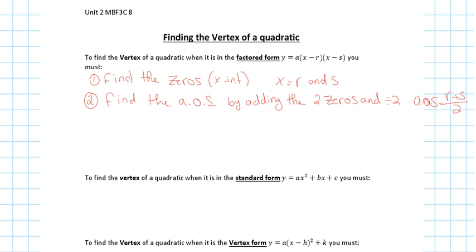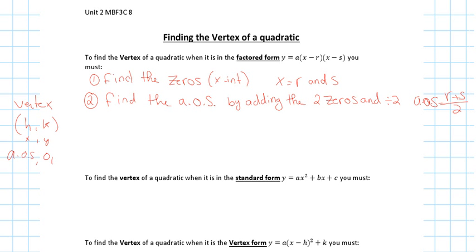Now I know the axis of symmetry, and I know that the optimal value is the y value of the vertex, right? So if you guys remember, my vertex is (h, k) or (x, y), right? Where h is the axis of symmetry, and k is the optimal value.